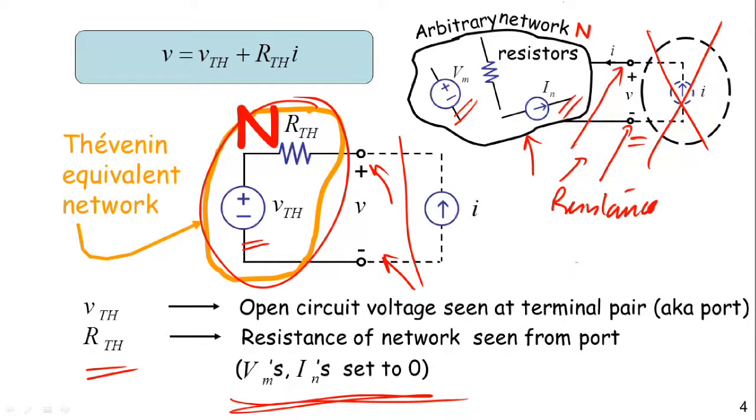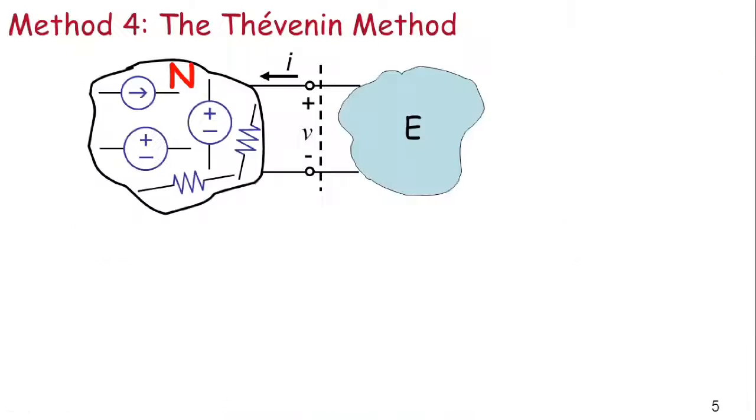Then I turn off all my current sources and voltage sources inside the network N and simply measure its resistance, and that is RTH. So that's how I can get RTH and VTH by measurement. And for the purpose of computing some property, such as the voltage when an external excitation is applied, I can use those values of VTH and RTH to replace the entire arbitrary network N with this Thevenin equivalent pattern. This is a very, very powerful technique, and we will see some examples of this shortly.